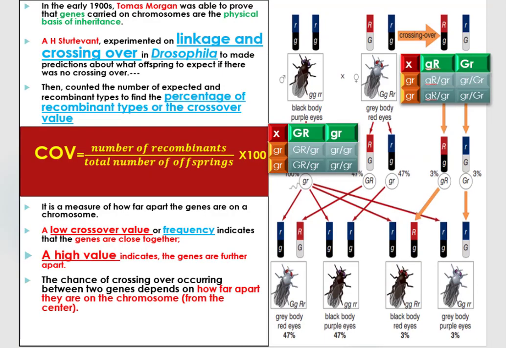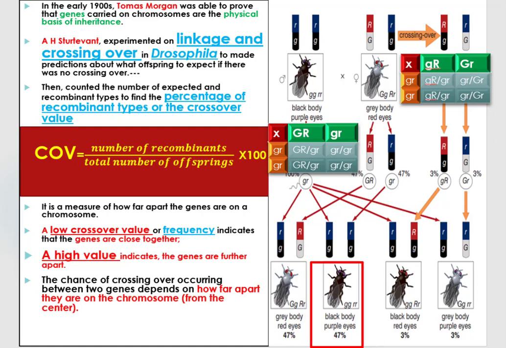In the early 1900s, Thomas Morgan was able to prove that genes carried on chromosomes are the physical basis of inheritance, and his student Sturtevant experimented on linkage and crossing over in Drosophila melanogaster to make predictions about what offspring to expect if there was no crossing over. Sturtevant expected fruit flies that have gray body, red eyes, and fruit flies which have black body, purple eyes.